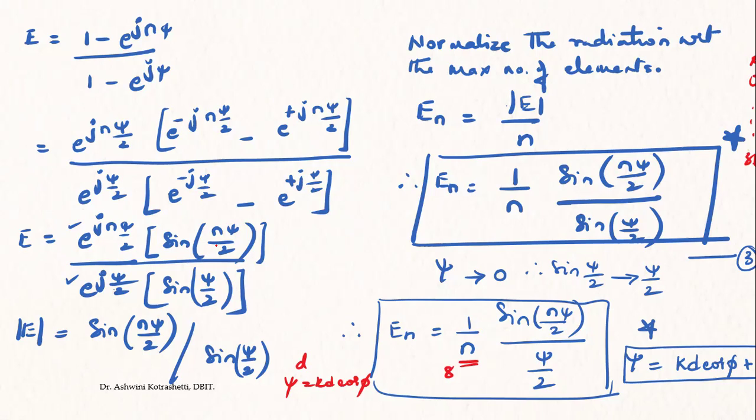But when I take problems, I will not let you approximate it to psi by 2. We will take it as sine of psi by 2. So please note down. With this, the derivation ends. It's a very simple derivation.